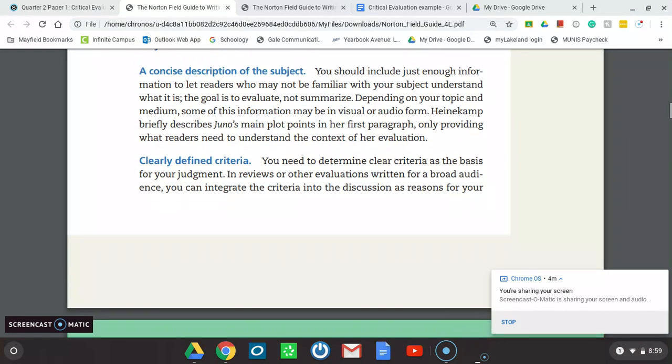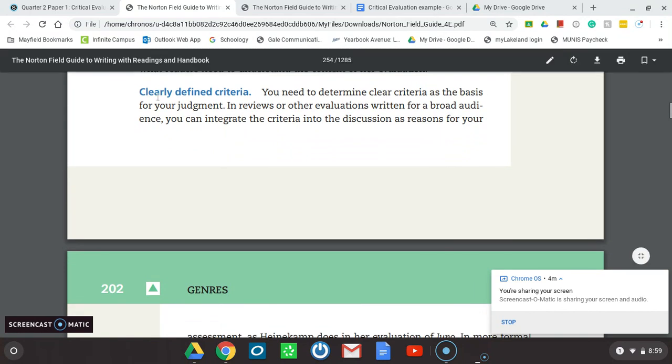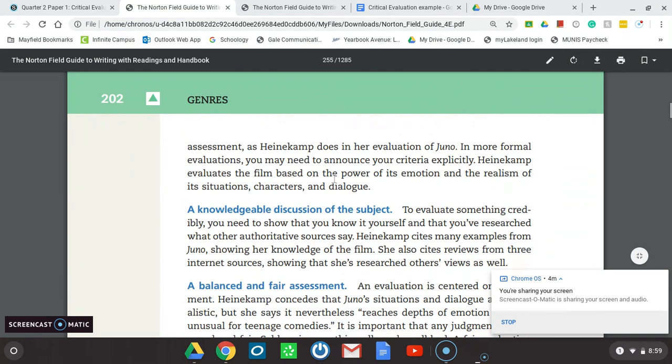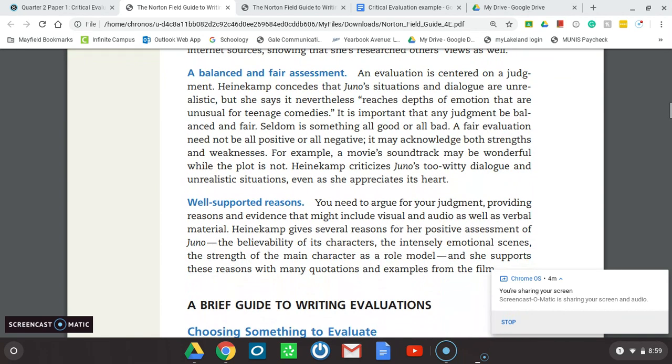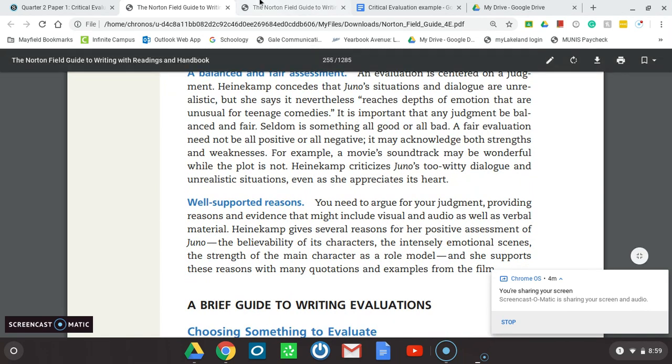Fortunately, we just have to read it here because it's given to us in clearly defined criteria: Heinekamp evaluates the film based on two criteria, the power of its emotion and the realism of its situations, characters, and dialogue. If you didn't necessarily see that right away, you're not the only one. I think that it was a little bit too subtle. And the other two examples we're going to go over now also have a lot of subtlety.